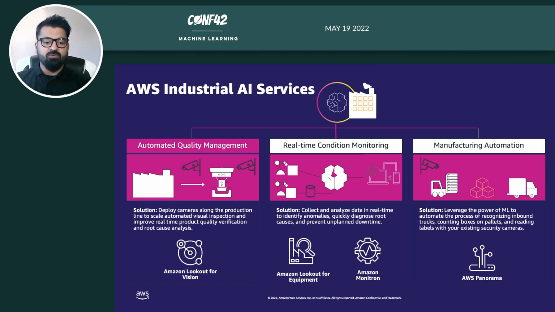There is Amazon Lookout for Equipment and Amazon Monitron that help you with real-time condition monitoring. There's also AWS Panorama that enables your standard IP cameras with computer vision. But we'll keep the focus on Amazon Lookout for Vision and the automated quality management use case here.